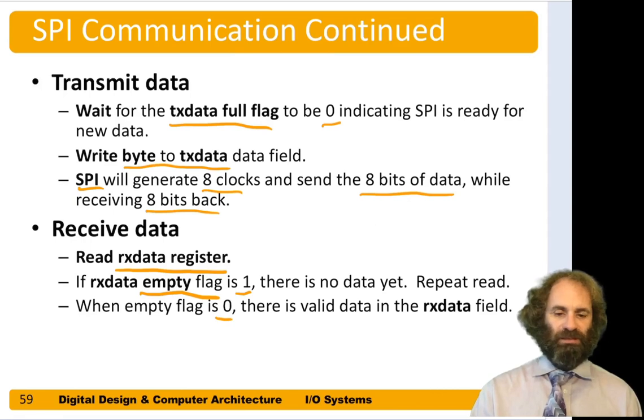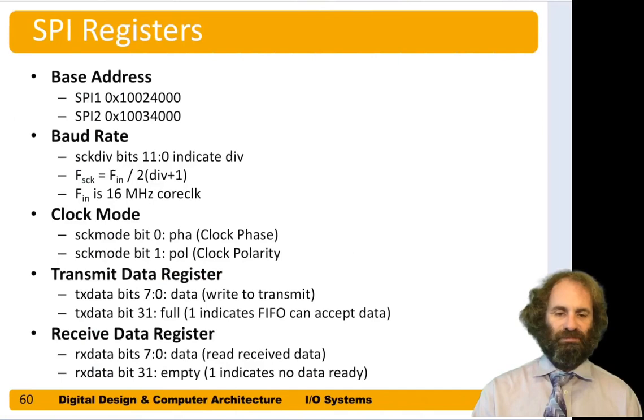And at that point, we look in the RX data field, and it's got the data sent back. But when you do that read, it also takes that data out of the queue coming back. So you can only read it once when the flag is 0. You can't keep reading it because you've lost it after the first time you read it. So this will all become a little clearer as we do an example.